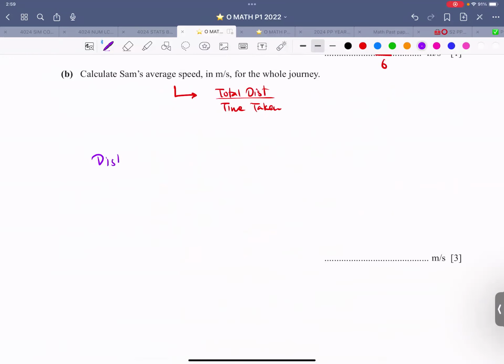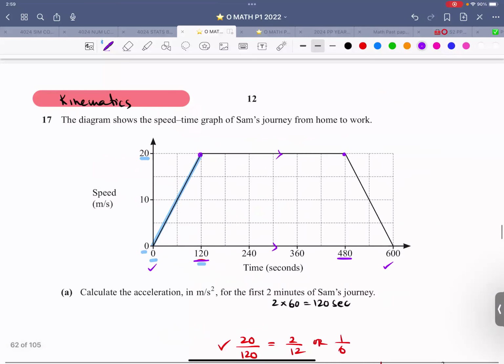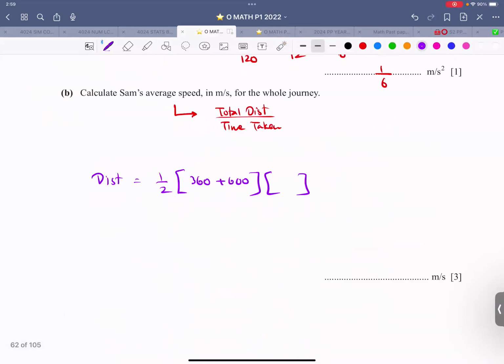So distance is half bracket 360 plus 600, and the height is this thing, that is 20. First of all, get rid of this 2 and 20, which leaves behind a 10. 360 plus 600 is 960 into 10, that is 9600 meters. So that is the total distance.